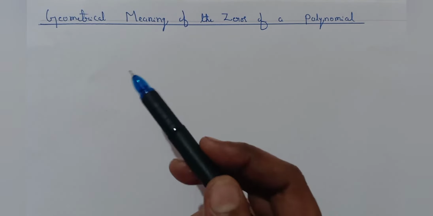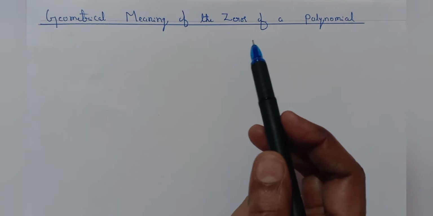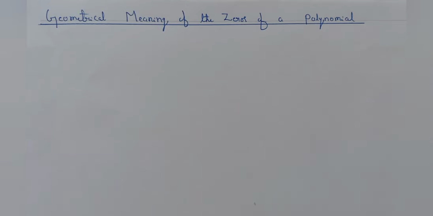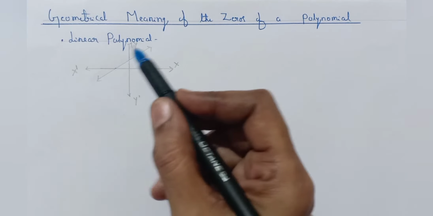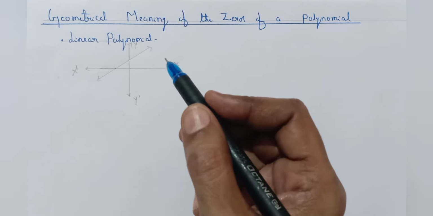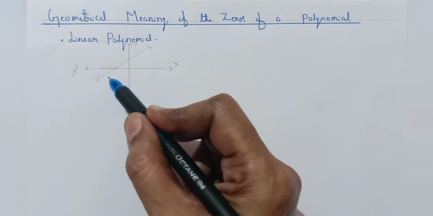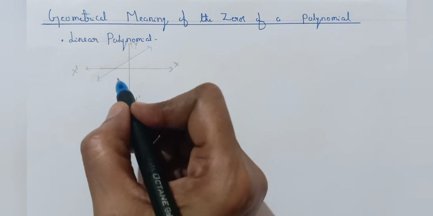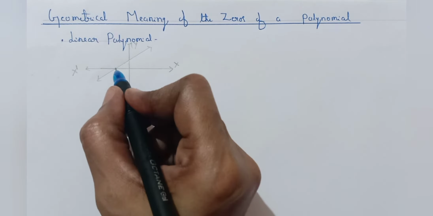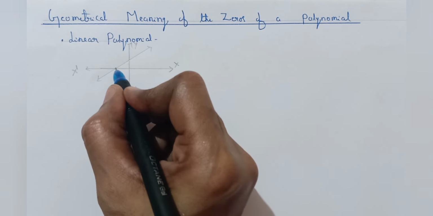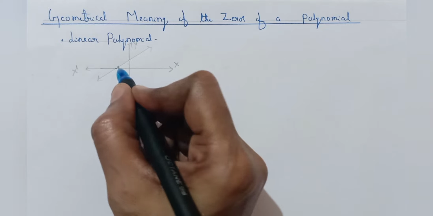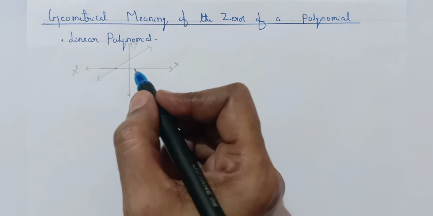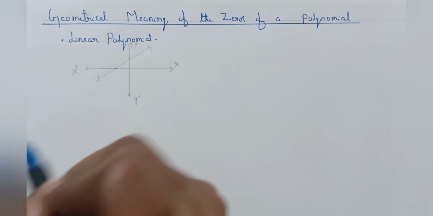Now, let us know about the geometrical meaning of the zeros of a polynomial. The graph of a linear polynomial is a straight line, and the straight line intersects the x-axis at exactly one point, so the linear polynomial has only one zero.